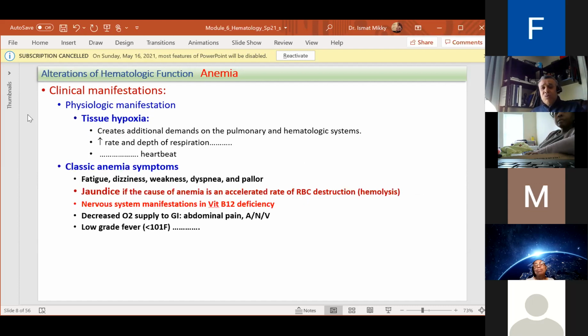That's why with chronic anemia, keep in mind this very significant concept: chronic anemia can lead to hyperdynamic circulatory state, and then eventually the patient can develop a high output heart failure. Manifestations from the tissue hypoxia.